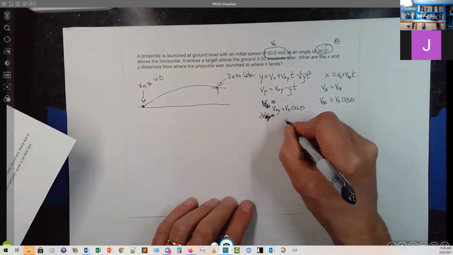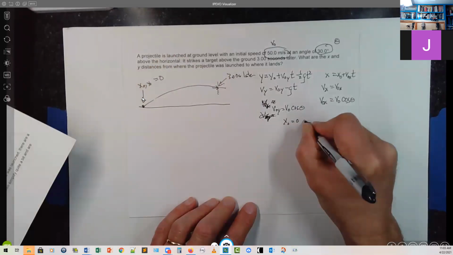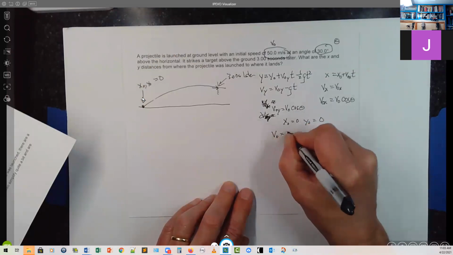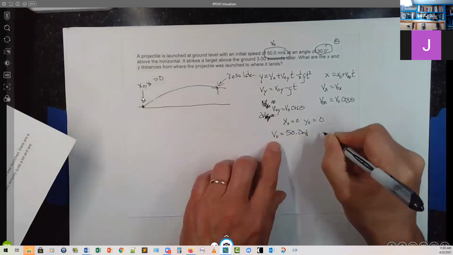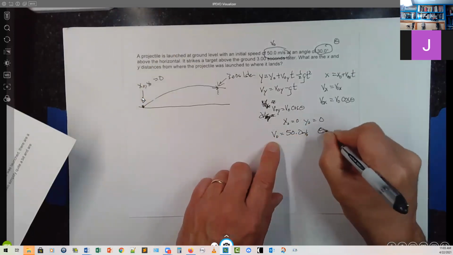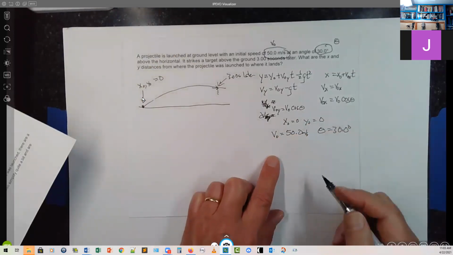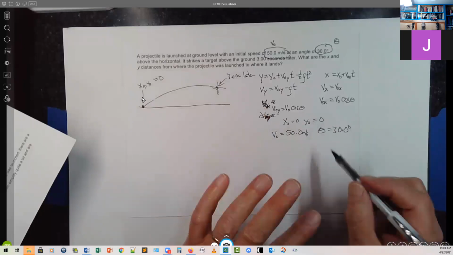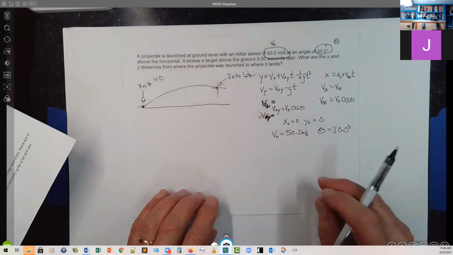Other things I can identify: v naught is 50.0 meters per second. Theta is 30.0 degrees. I may not use these numbers for a little while. I like to solve things in variable form first and then plug in the numbers.